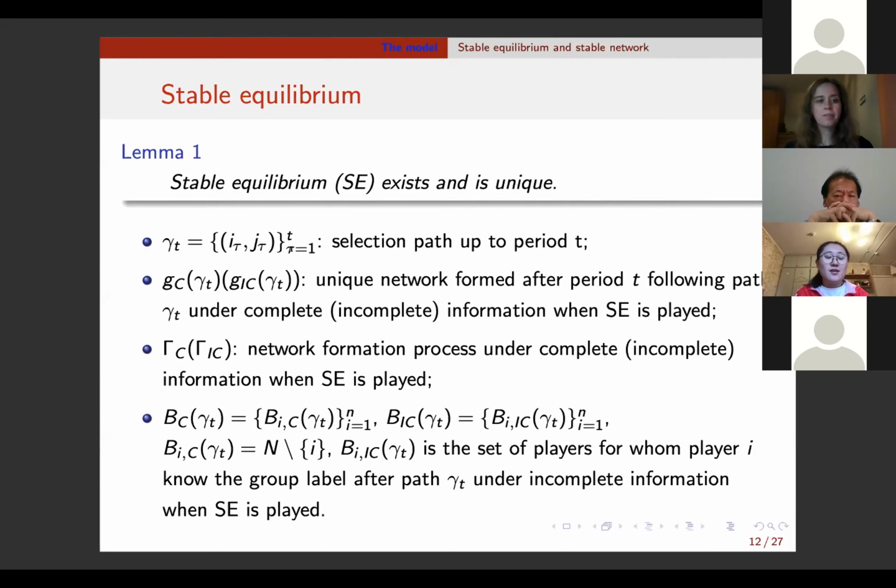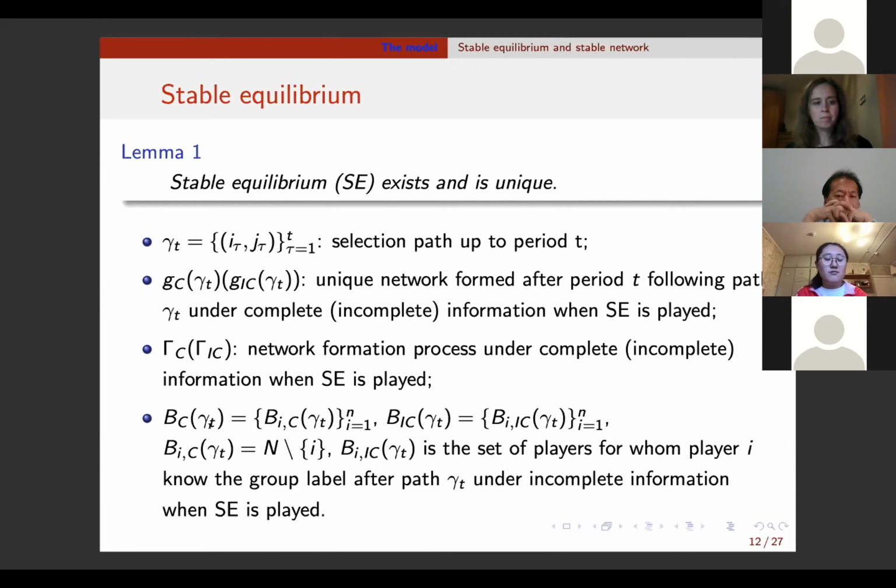And here, gamma_t is the selection path up to period t, and G^C(gamma_t) is the unique network formed after the selection path gamma_t under complete information if all players play the stable equilibrium, and there is also a definition under incomplete information. What is very important is the updating of all players.